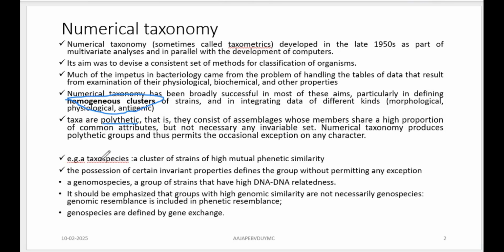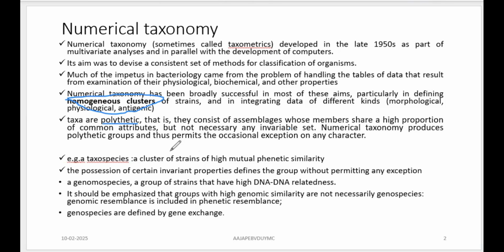Now when I am going for taxa as a concept, you are going to get a term, that is taxospecies. So what is taxospecies? It is a cluster of strains which have high mutual phenetic similarity. We will come to the term phenetic also, we will learn that also, right? So you are going to find out how closely these organisms resemble each other, what common properties they share, and that is utilized in any type of taxonomy, but here you are going to talk about a numerical expression of it.